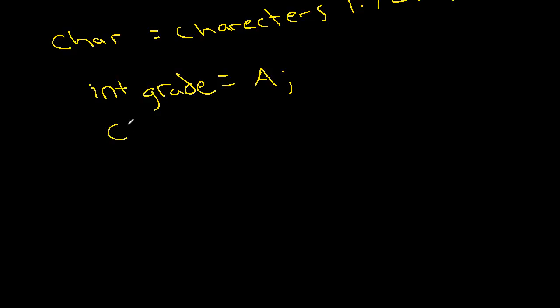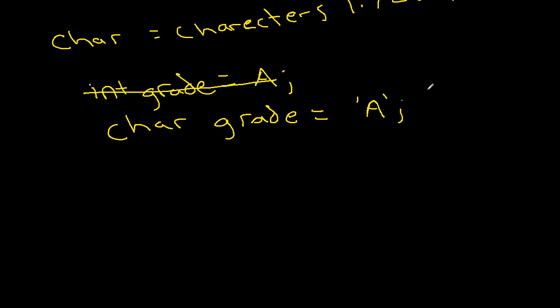But you can use the char or character: char grade equals, and then if you use a single quote, A, and a semicolon, then we're telling our compiler, put the character A into grade, which is a char.